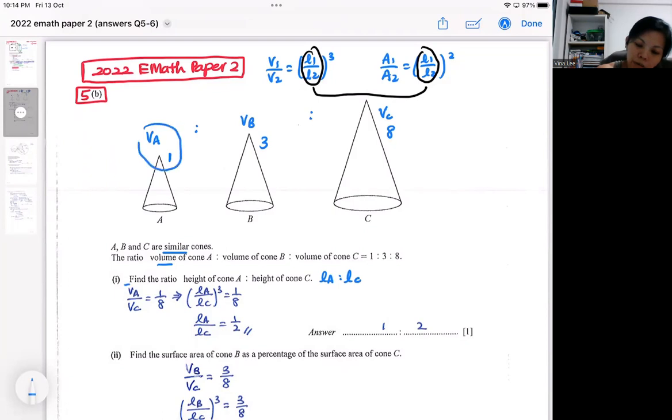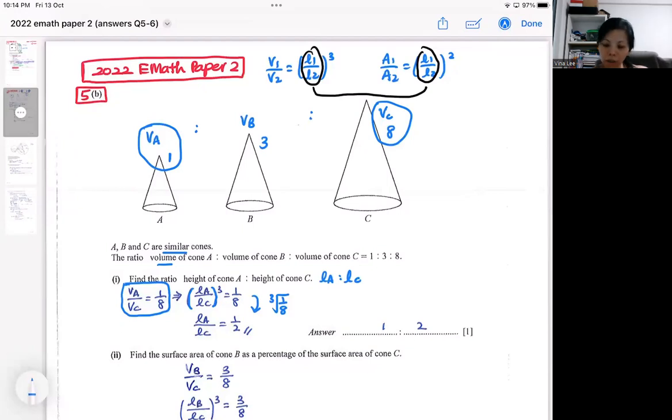So I will pick these two ratios, knowing that the volume ratio is actually the length ratio with a cube. So from here, I can cube root, and that's how I get half. Okay, so I'm just playing around with the formula.